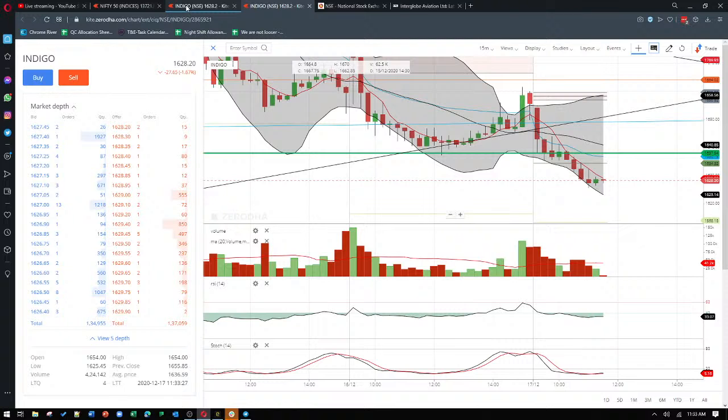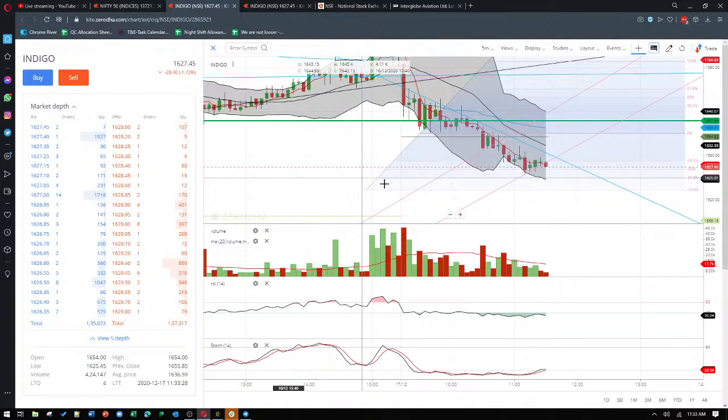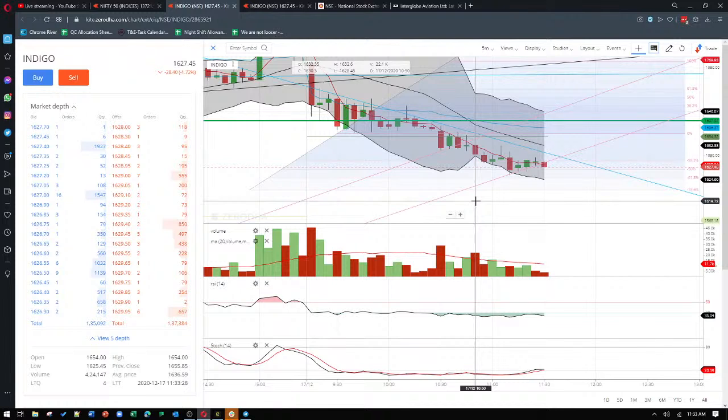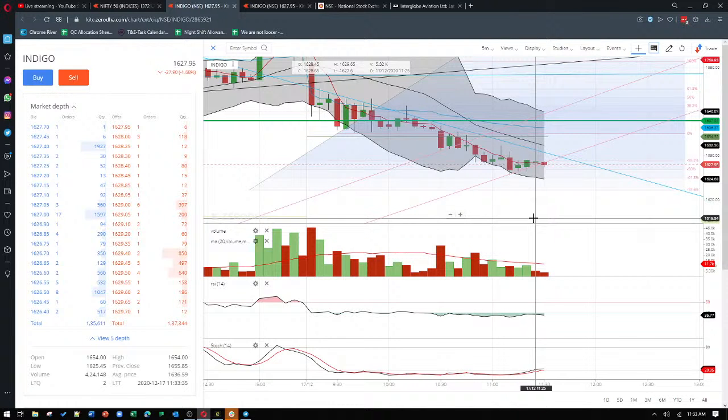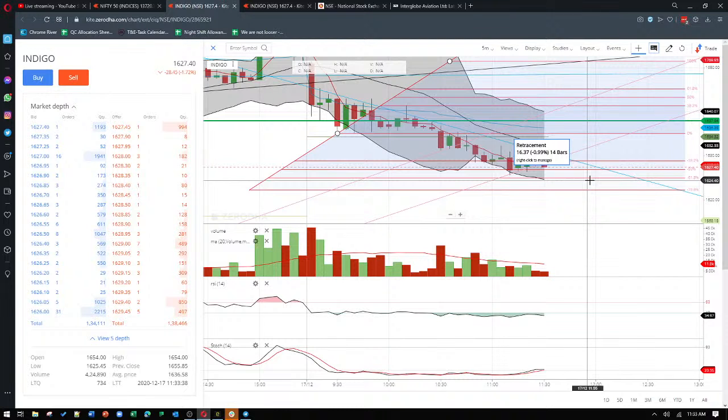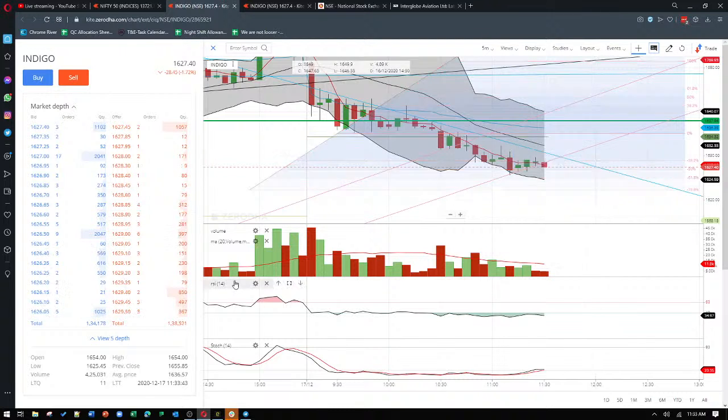So what's happening with our trend? Okay, so that trend line is kind of broken at 5 minutes. See the same thing, 1627, 17 orders, 1626, where is it?